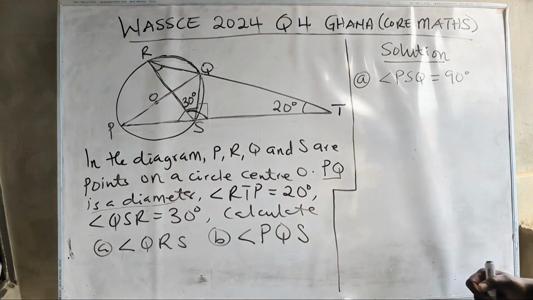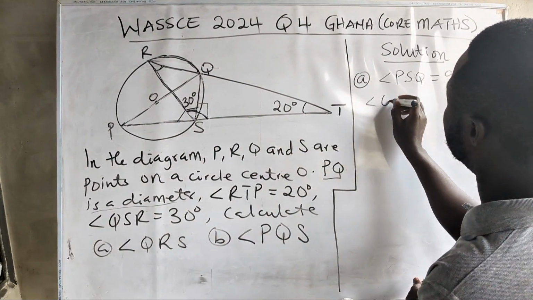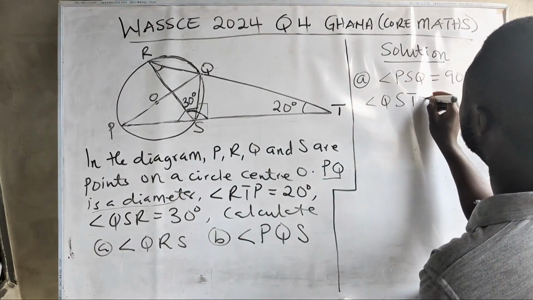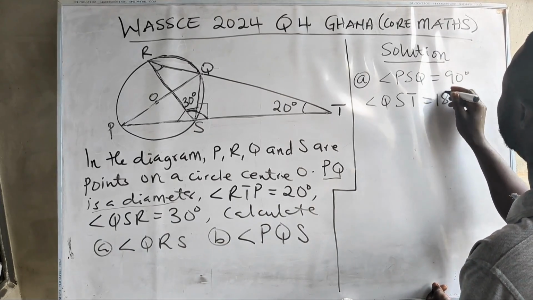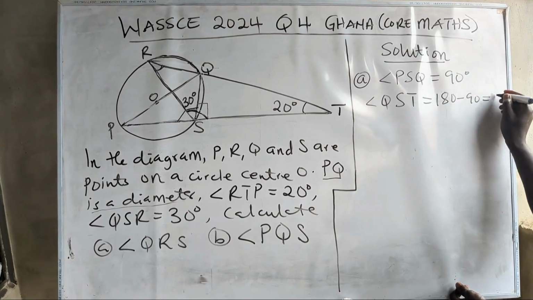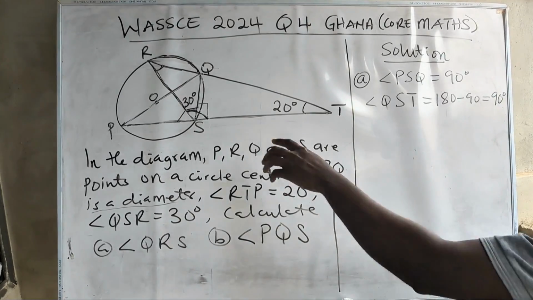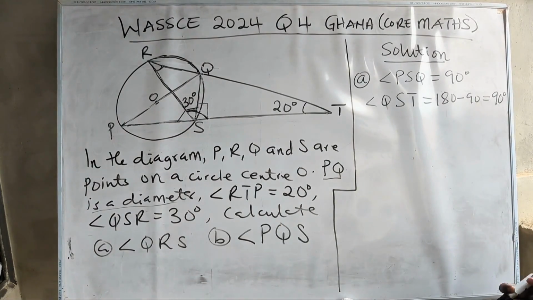So what will I say? Well, we can say the angle QST is equal to 180 minus 90, which will be equal to 90 degrees. So my angle QST here is 90 degrees, angle on a straight line.